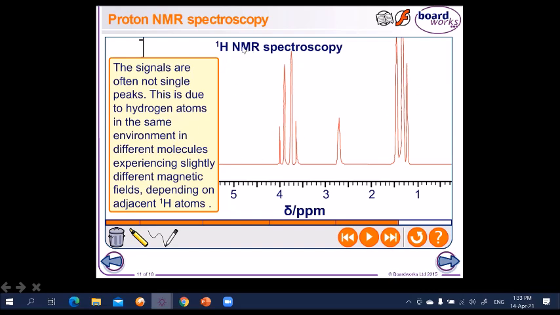In the high resolution ones, the signals are not single peaks, and that's due to hydrogen atoms in the same environment in different molecules experiencing slightly different magnetic fields, which depends on their adjacent hydrogen atoms, okay? This would be a question, by the way, for paper 1 multiple choice for the higher level students in topic 21. That's a conceptual one for the HL. So we're already looking a little bit at the HL topic 21, but we'll go into that detail a little bit later.